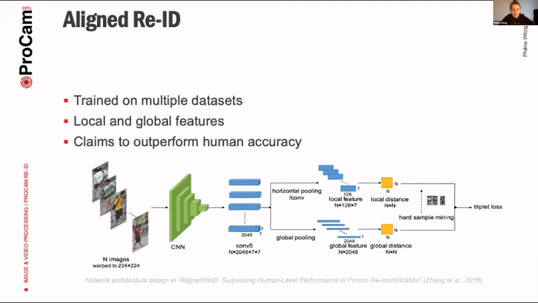And I particularly looked at the aligned re-ID network, which consists of a CNN network as backbone, which is ResNet-50 in this case here, which processes cropped images. They are rescaled and then normalized, and the CNN will then produce an embedding, so a description of these frames.